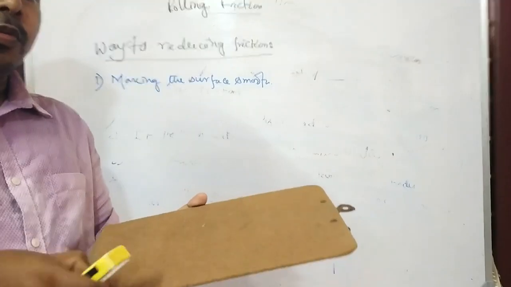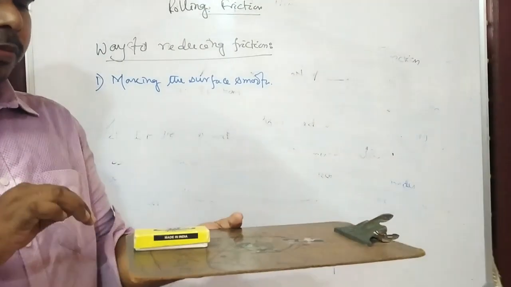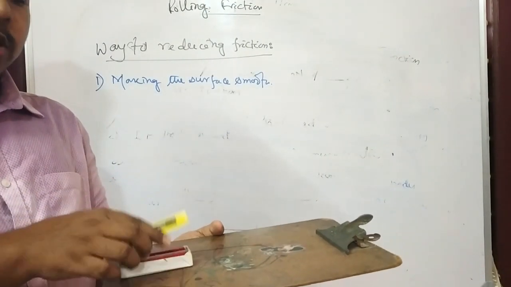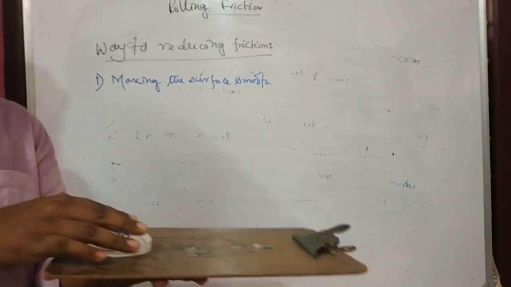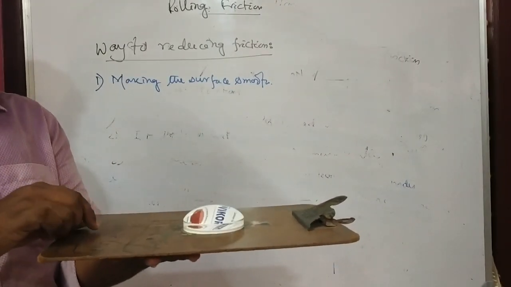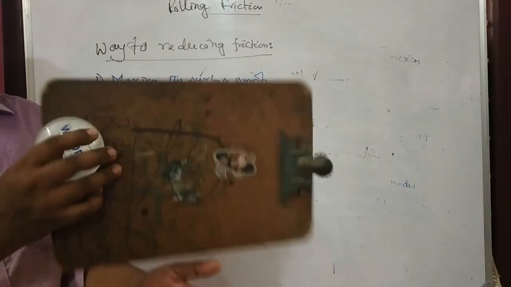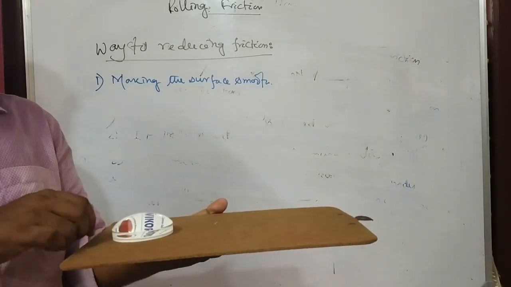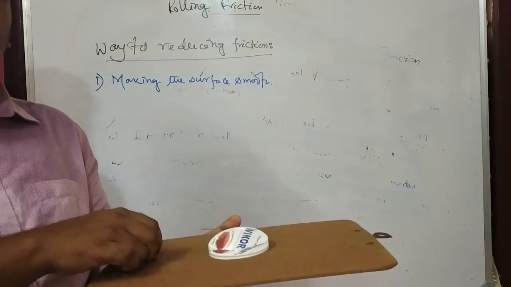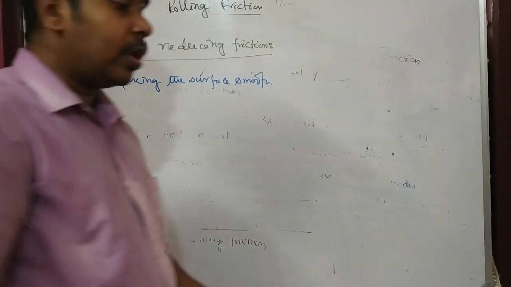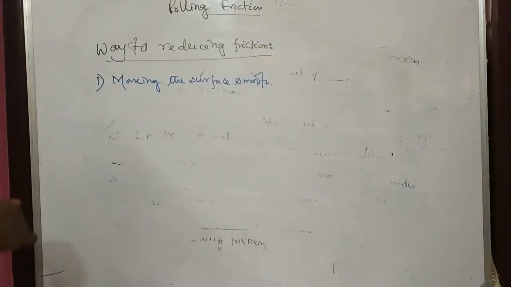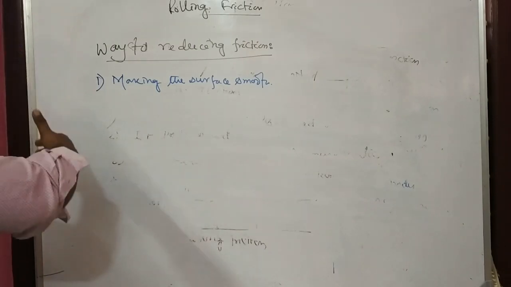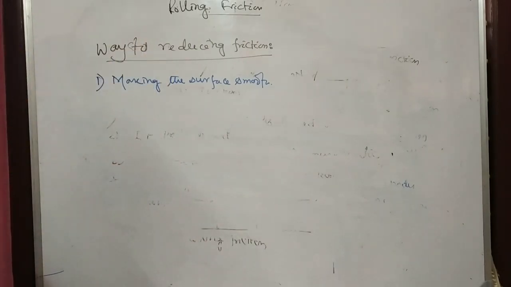If I apply force here, it will move only this much, but here it is not moving because the surface is not smooth. So we have to make the surface smoother to take a body from one place to another.